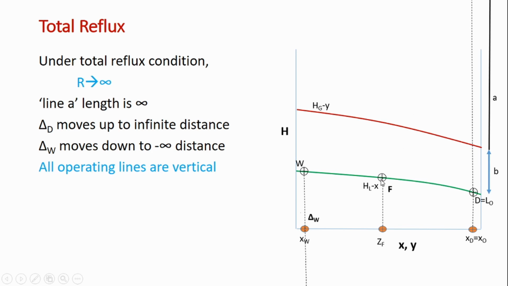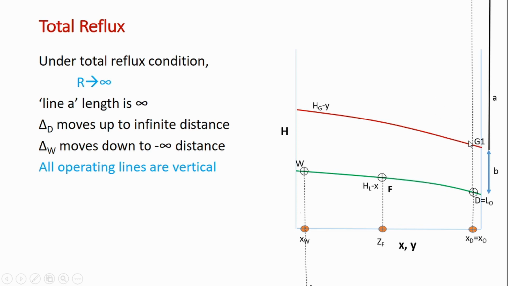Because delta D is connected to the feed point and then to this, if this is at infinity, then delta W also goes down to infinity. So if the difference points are infinitely distant away from all these points, then your operating lines are going to be vertical, right?